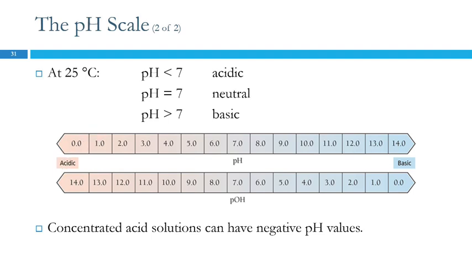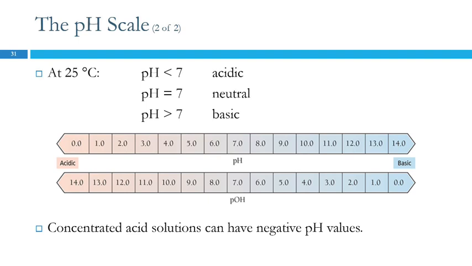I know that's kind of one of those backward things, but they didn't want to have negative pHs, I guess. So here, the hydrogen ion concentration is 10 to the negative 1. It's a lot more hydrogen ions than at 10 to the minus 7. Over here, this is a more basic solution. This one, the hydrogen ion concentration would be 10 to the minus 13. So very, very small. This is a basic solution.